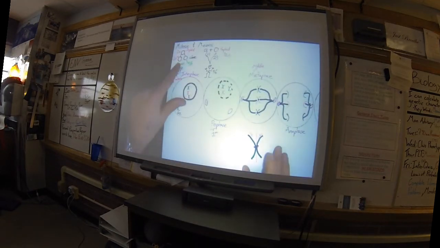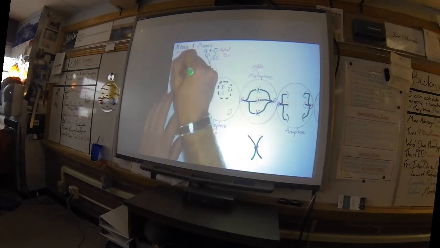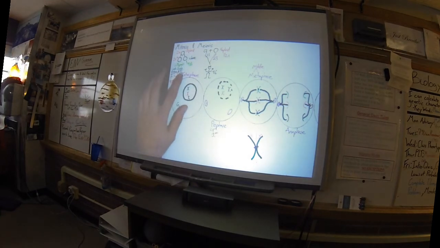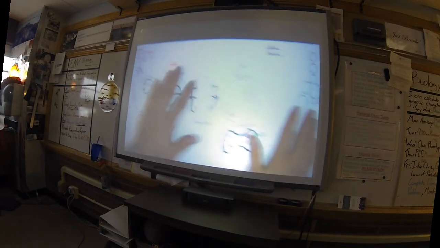That's where we started, and you might remember us drawing that out, 2N, 2N. This is the whole phase. Remember, where students mess up is that interphase is not a part of mitosis. Mitosis is PMAT, and then we can also put a C right there for cytokinesis, the division of the cytoplasm. Now, getting to the other side is going to be our meiosis.